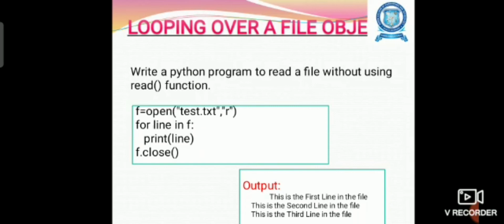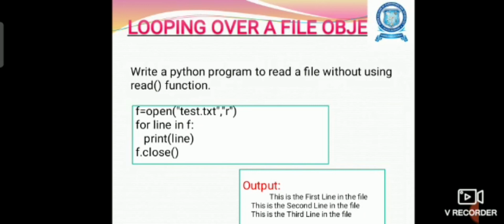So for that also, in the source code we have to open the file, then we have to use the for loop. Normally you might have studied the for loop. The common format of the for loop is for iterating variable in sequence, isn't it? Here we have to use the file object as the sequence, since the for loop is going to take the lines from the file.